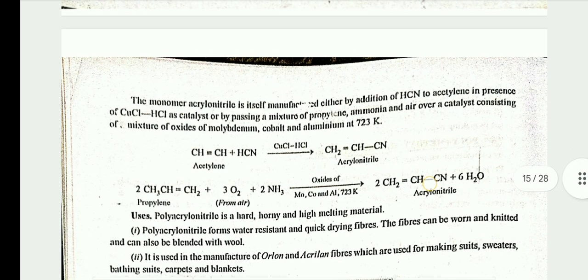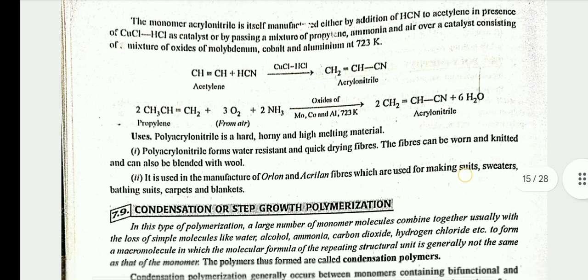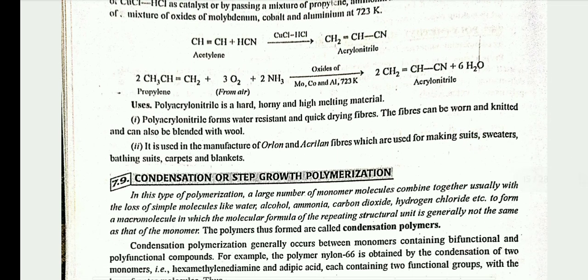The monomer acrylonitrile is itself manufactured either by addition of HCN to acetylene in the presence of CuCl as catalyst, or by passing a mixture of propylene, ammonia, and air over a catalyst consisting of a mixture of oxides of molybdenum, cobalt, and aluminium at 723 Kelvin. Uses: polyacrylonitrile is a hard, horny, and high melting material.